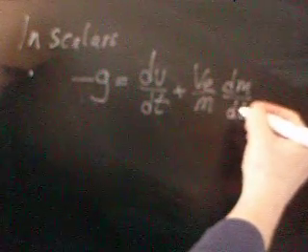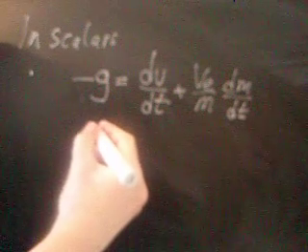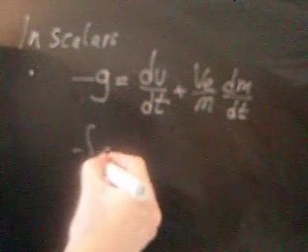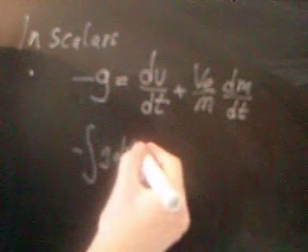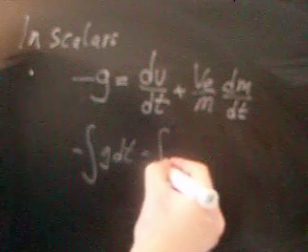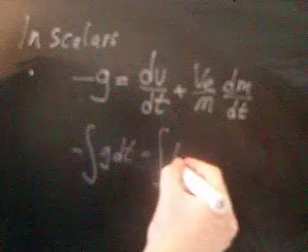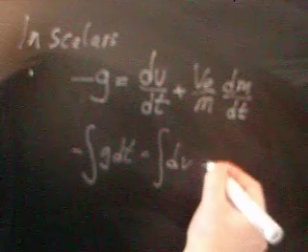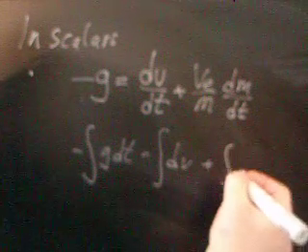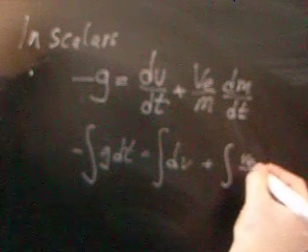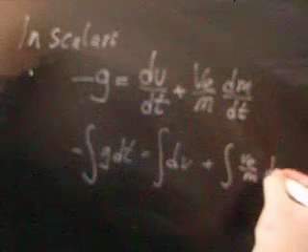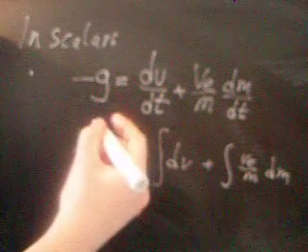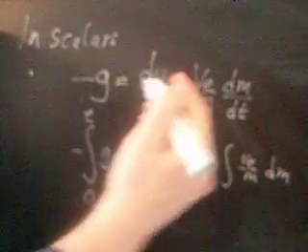Now we multiply this by dt and integrate, so we get minus g dt is equal to the integral of dv plus ve over m dm, and we integrate from time equal to 0 to t.